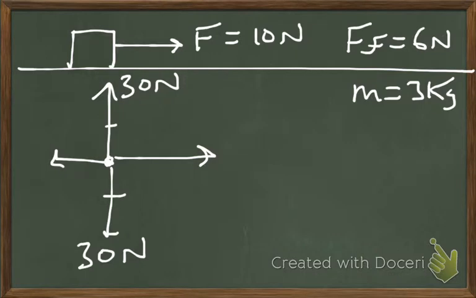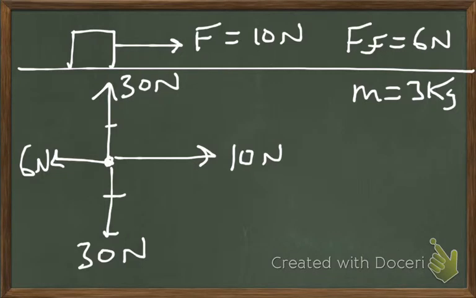Mass of 3 kilograms. We have 30 newtons of force down. So it's not moving up or down at all. It's just moving across the floor left and right. So that's going to be 30 on both sides. And then we continue to label everything else. We got 10 to the right and 6 to the left.